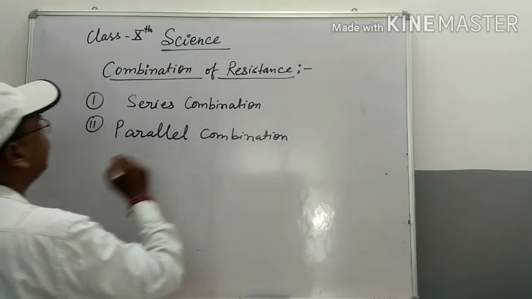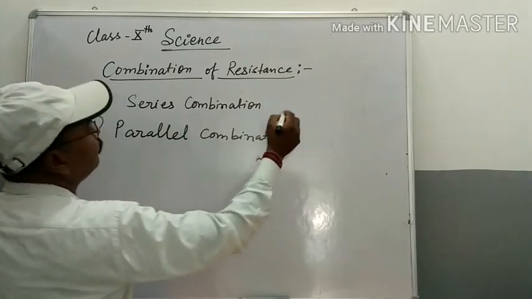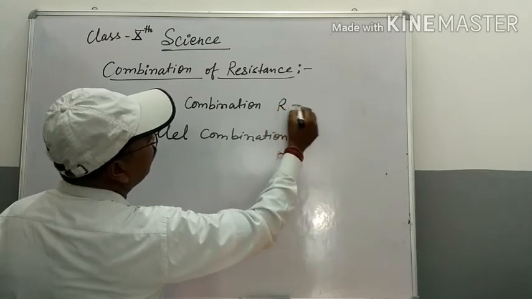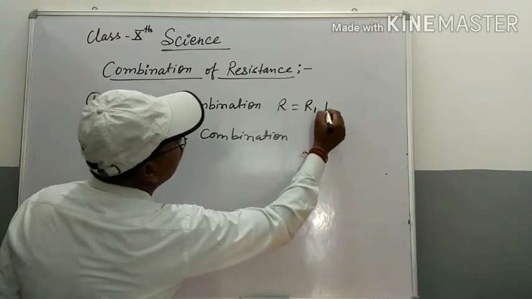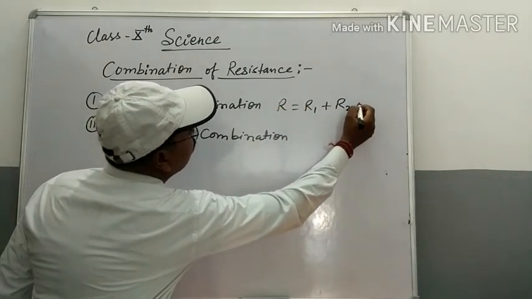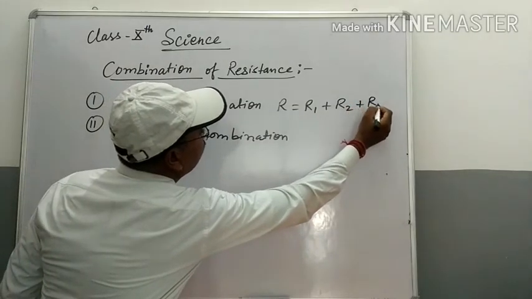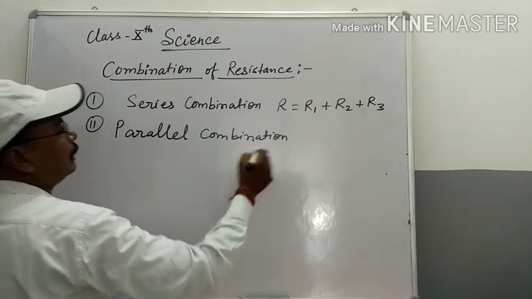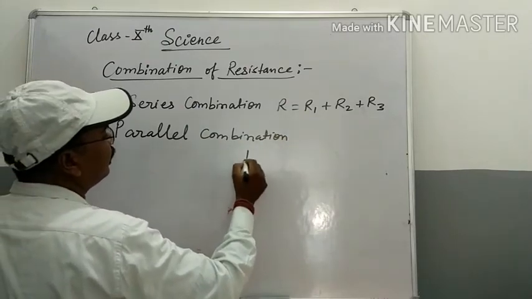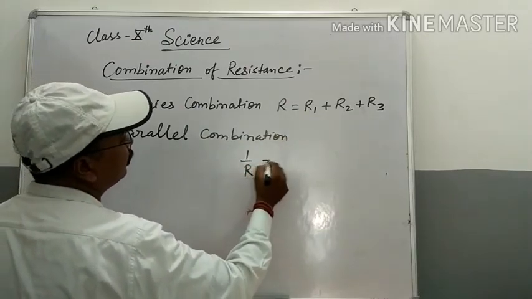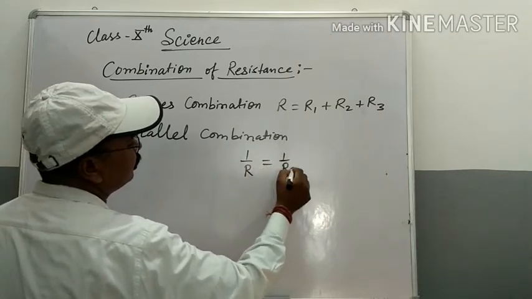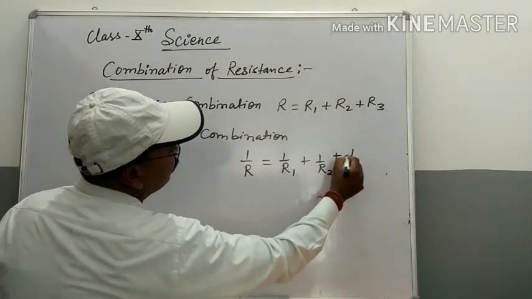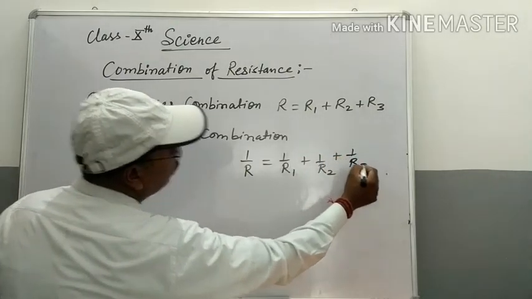In series combination, if there are three resistances, the formula will be R equal to R1 plus R2 plus R3, and in parallel combination, the formula is 1 upon R equal to 1 upon R1 plus 1 upon R2 plus 1 upon R3.